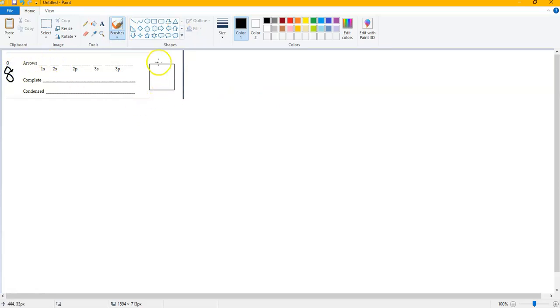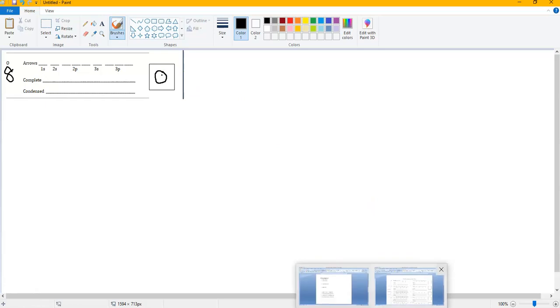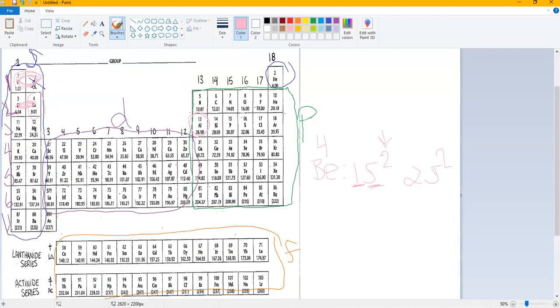Okay? And in this box, and in the boxes on your worksheet, this is asking for the Lewis dot structure. And we'll go over more of this in class. But basically what you do is you draw the symbol, oxygen, and then you draw how many valence electrons there are. You guys have learned that you find valence electrons by what group the atom is in. So there are 6 valence electrons in oxygen because it's in group 16.